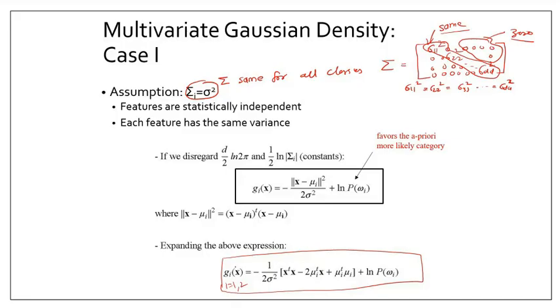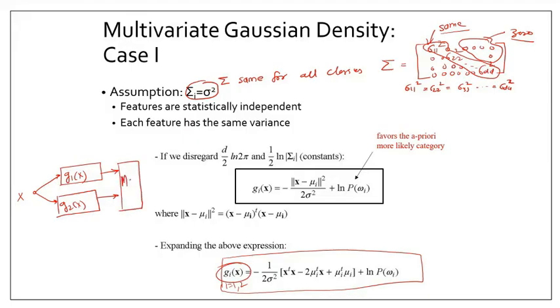So you will get two different discriminant functions. What is the use of these discriminant functions? We have seen already. X goes to a box which implements g_1(x), and again to a box which implements g_2(x). They produce their own outputs, and these are given to a max selector, which finds out who is the winner, and the index of that particular box will be your output.